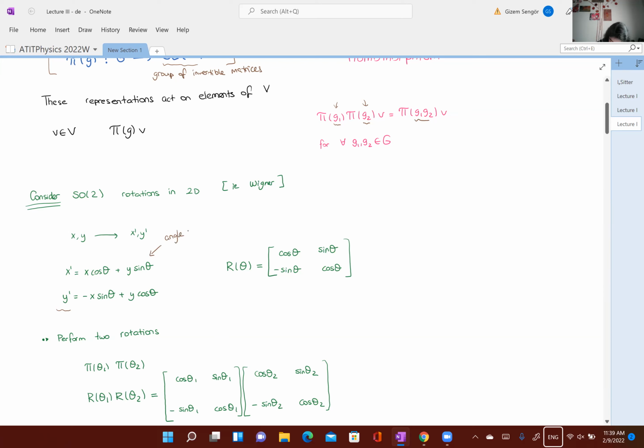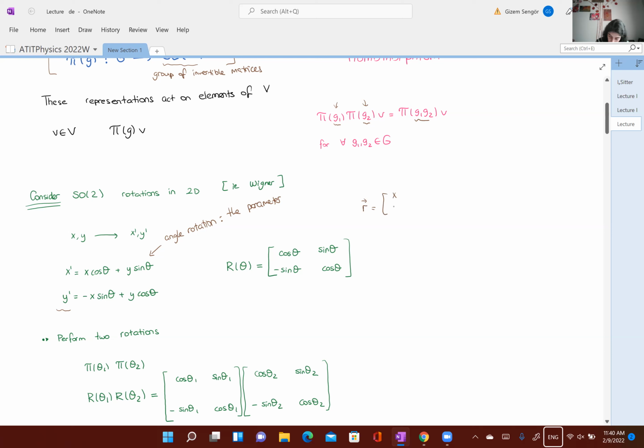So this is our parameter. For each value of theta, we have a different element from our rotation group. But these equations we can write using matrices.